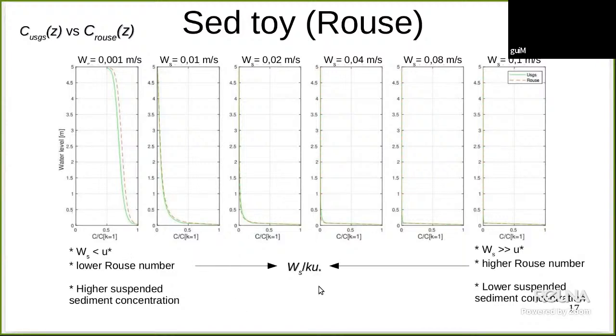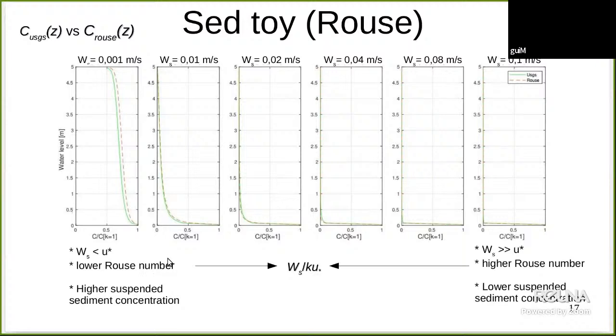We are comparing the CROCO solution with the Rouse theory. We have the column of water here. So we have 5 meters, and we compare the concentration ratio with the concentration at the surface. And the first thing we see is that it fits well, or more or less well, with the theory of Rouse.